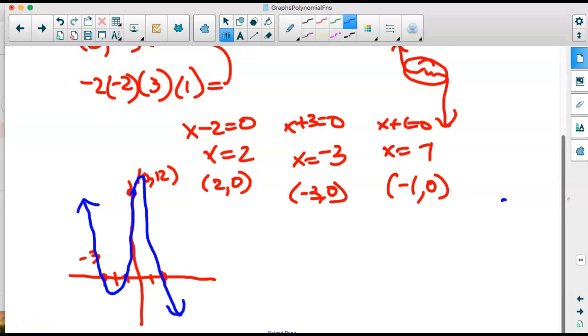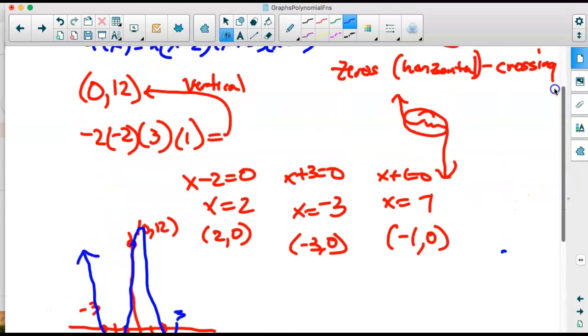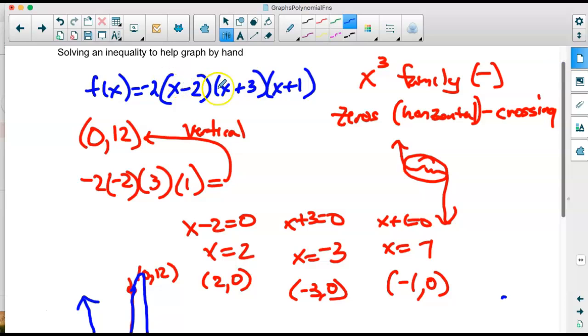So we could check to make sure that this is negative after 2 by plugging in 3 to the function and figuring out what it is, right? So we could plug 3 in here and make sure that 3 gives us a negative value, right? 3 is a positive here, 3 is a positive here, 3 is a positive here. So 3 positives times -2 is going to be a negative value.